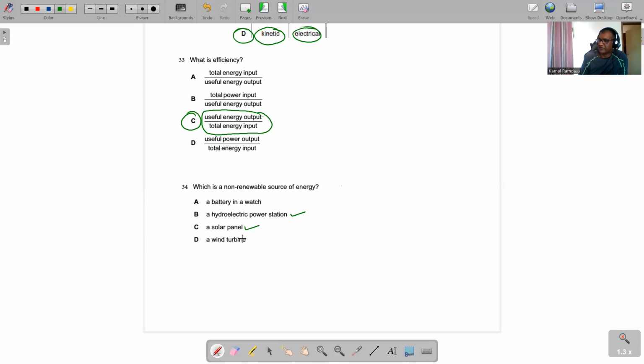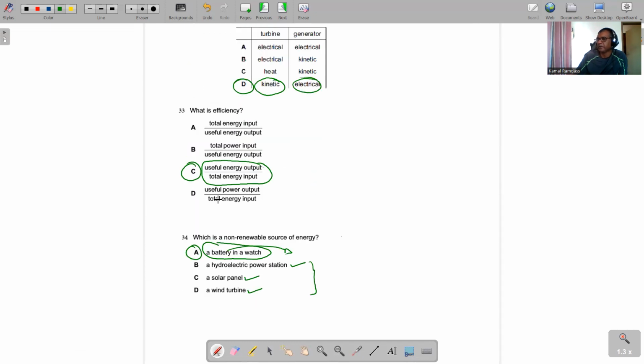Solar panel can use light. Wind turbine can use wind. All these are renewable. Battery in a watch is non-renewable because the components of the battery, it is not capable of recreating. Once it is used, it is finished, unless you recycle, but then we won't complete everything. OK? Battery with lithium, that's a fairly rare thing.